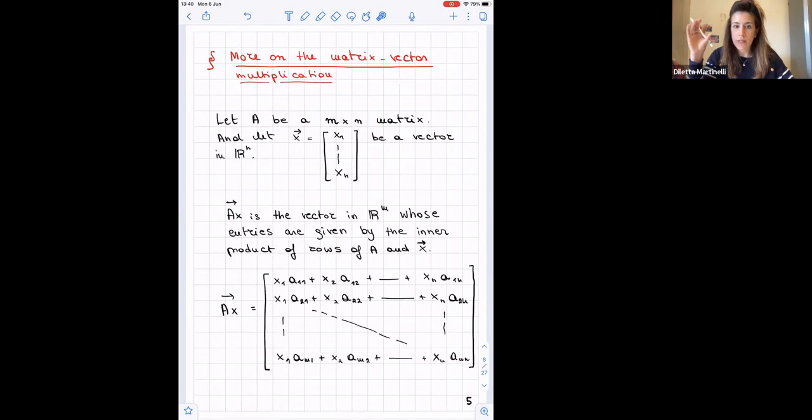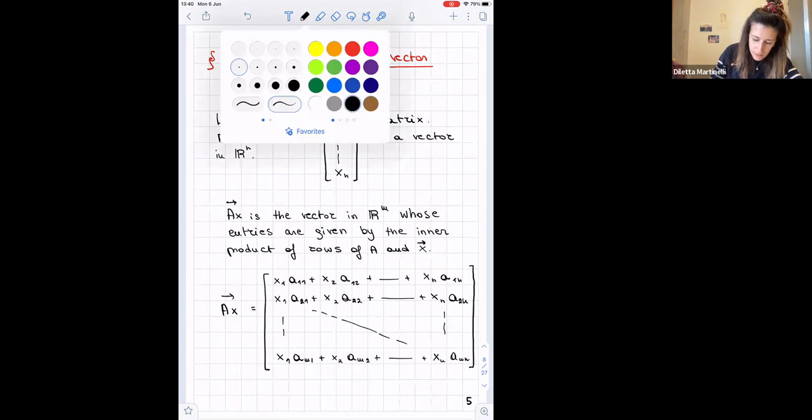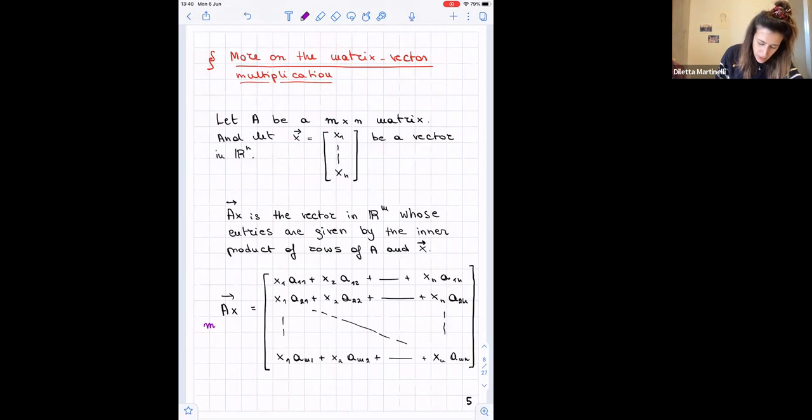So here we said that we have our generic matrix A, let's say that it's m times n, and we apply it to a vector x that lives in R^n. So x is a column vector in R^n.